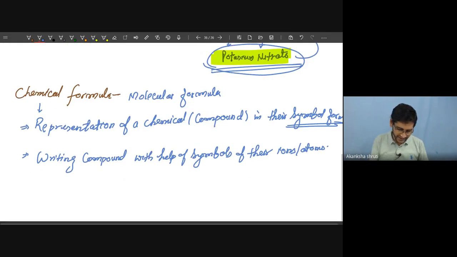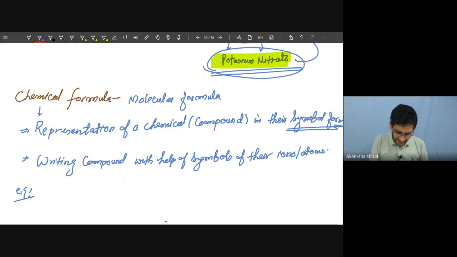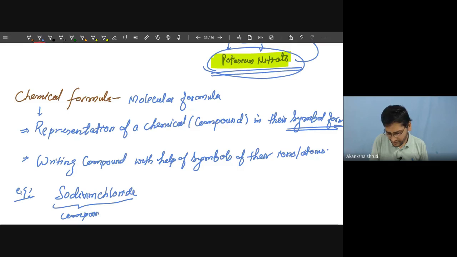For example, if we are writing sodium chloride, this is the compound whose full name it is.